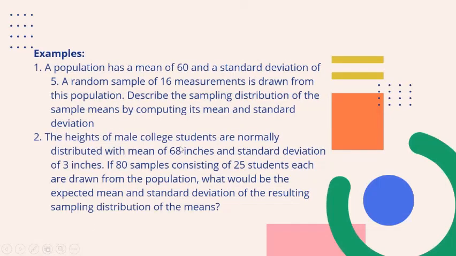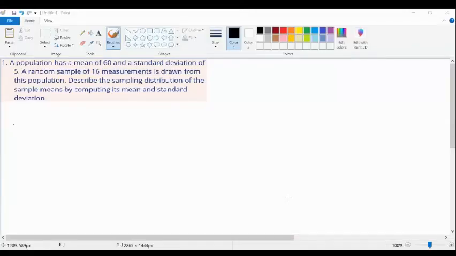Okay, so we will have two examples to describe the sampling distribution of the sample means from an infinite population. Example number 1. A population has a mean of 60 and a standard deviation of 5. A random sample of 16 measurements is drawn from this population.